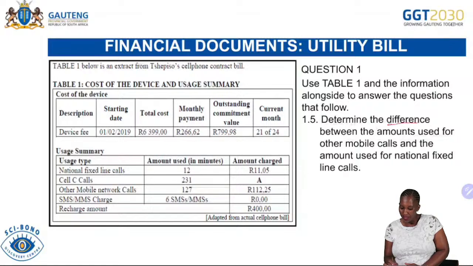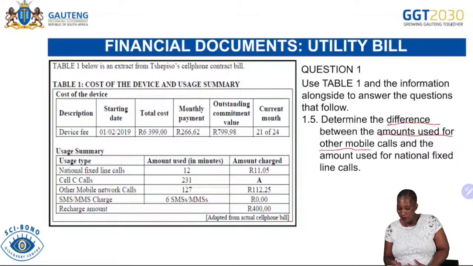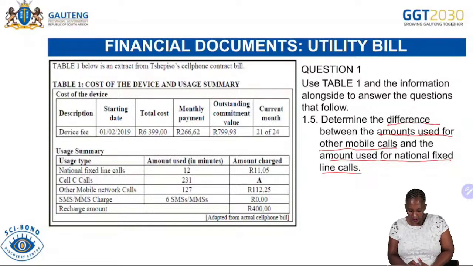So when we talk about the difference in mathematical literacy, we don't say how big or how small the other item is. It is the subtraction. We subtract the amounts. So it says determine the difference between the amounts used for other mobile calls and the amounts used for national fixed lines. So now let's have a look.